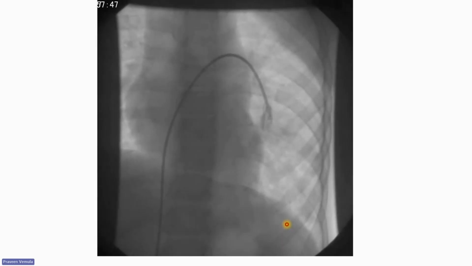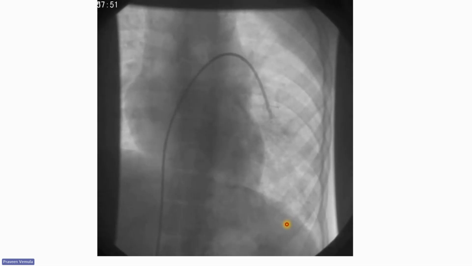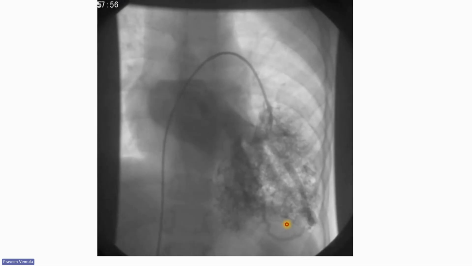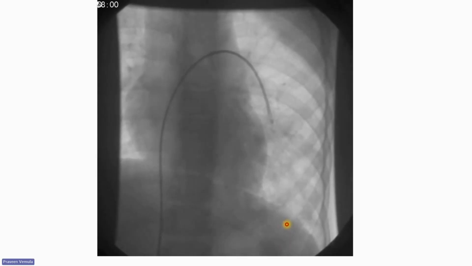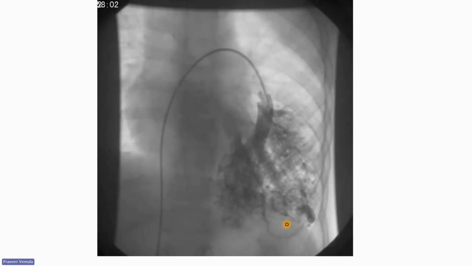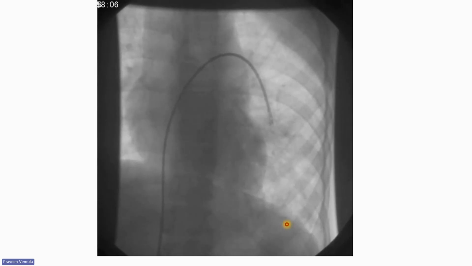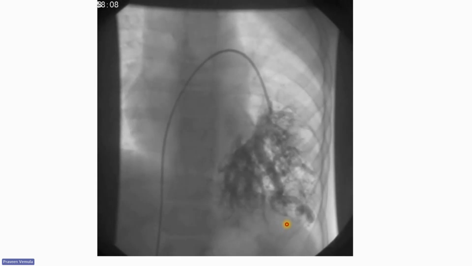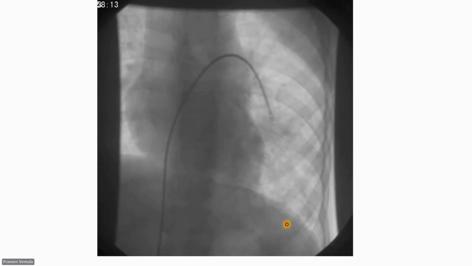End hole. What do we use for angiogram? Multipurpose. Do we have an end hole and side hole or only end hole? Side hole. Always angiogram is preferred with the side hole catheter. Okay. So what is happening to the pulmonary artery when it is injected in the left lower pulmonary artery? What is happening?